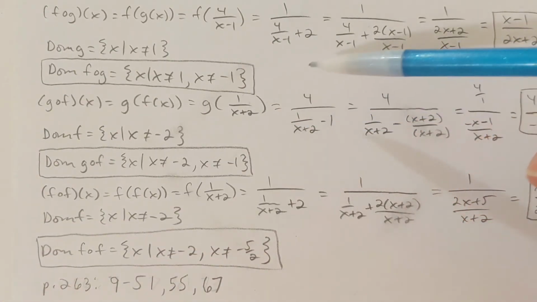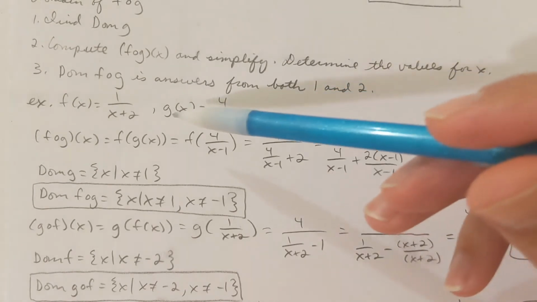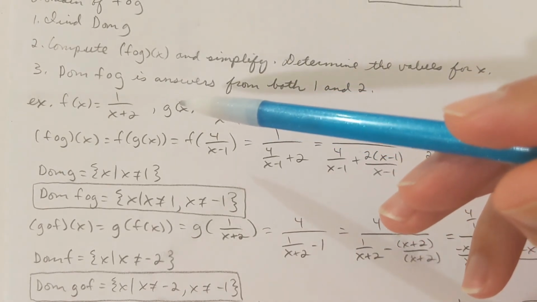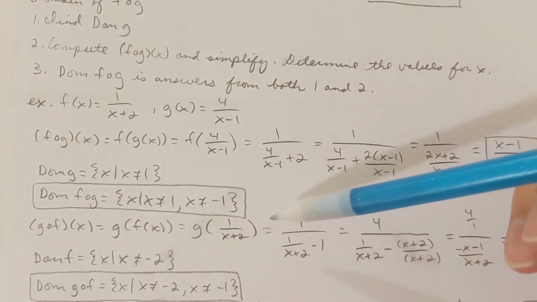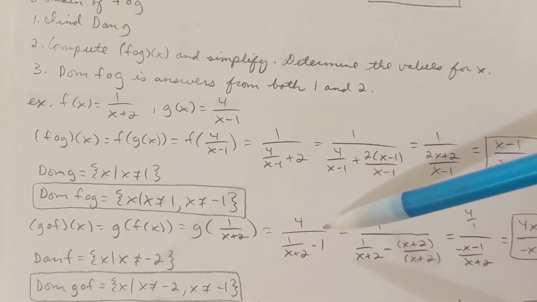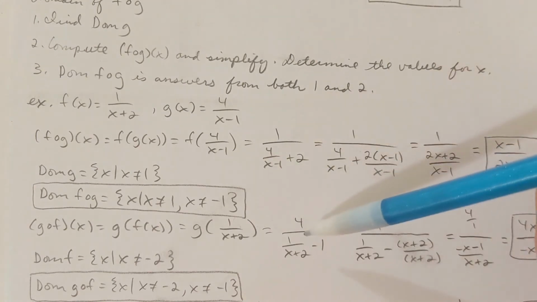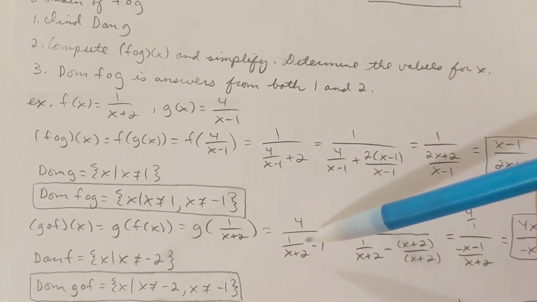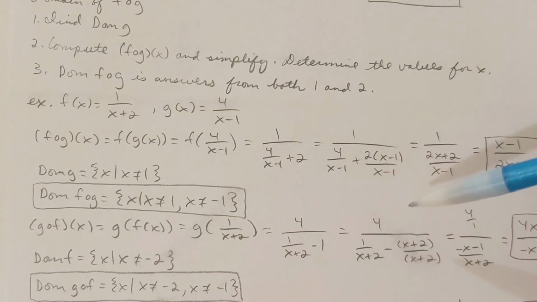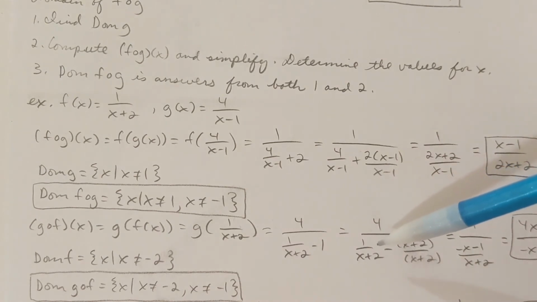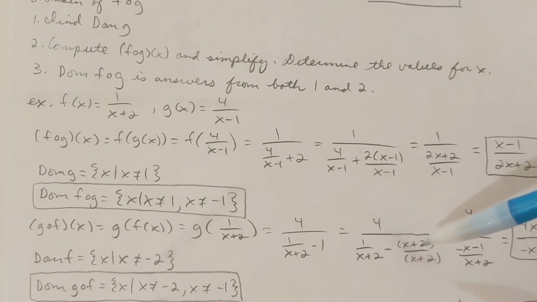g of f is 1 over x plus 2. g of 1 over x plus 2 means I plug in 1 over x plus 2 for x. 1 over x plus 2 minus 1 gives me 4 divided by 1 over x plus 2 minus x plus 2 over x plus 2.